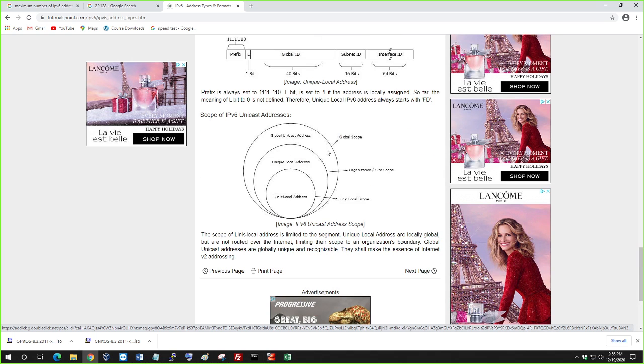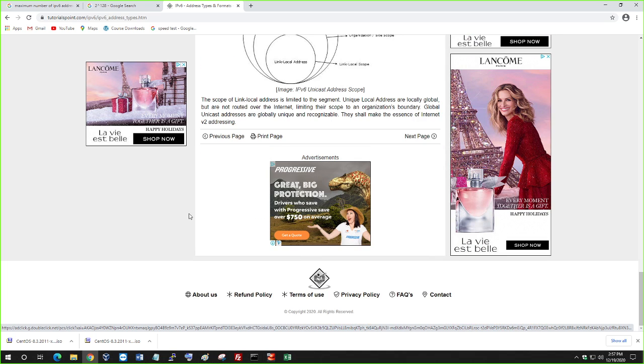Okay, here's what is showing here. Link local address, unique, I don't know.